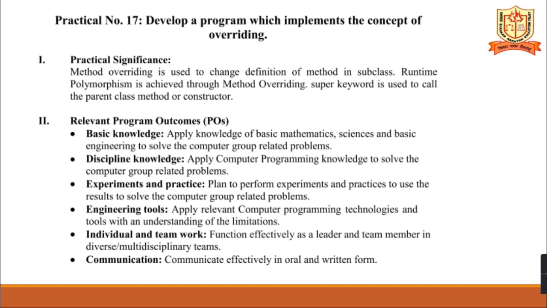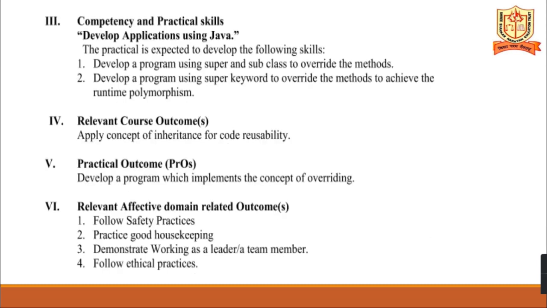The relevant program outcomes are the same for all the practicals: develop applications using Java. The practical is expected to develop the following skills: develop a program using super and subclass to override the methods, and develop a program using the super keyword to override the methods to achieve runtime polymorphism.